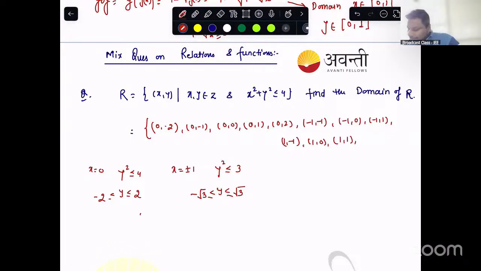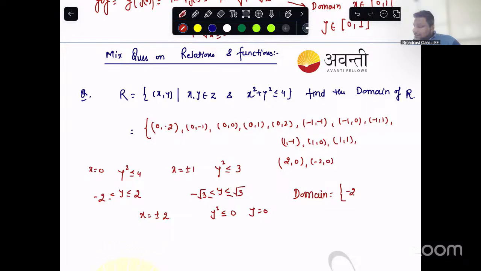Then, if x is plus minus 2, y squared will be less than or equal to 0, which means y equals 0. So 2 elements in that case: (2, 0) and (-2, 0). So the domain, if you realize, what is it? Domain is the set of first entries of the ordered pairs.